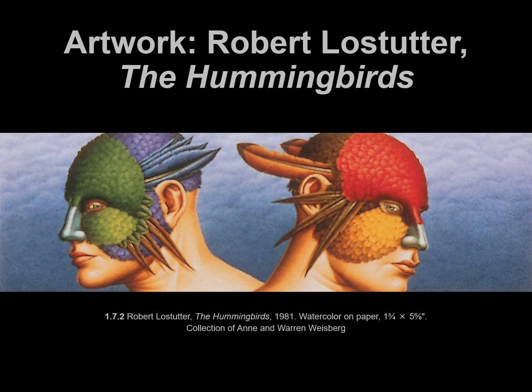Scale can also be important if it goes in the opposite direction, and not very large, but very small. This is a work by Robert Lostutter called The Hummingbirds. If you look down at the information about the object, you see that it is 1 3/4 inches by 5 5/8 inches. This is blown up.